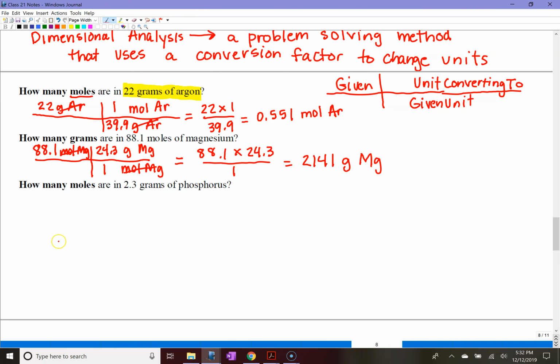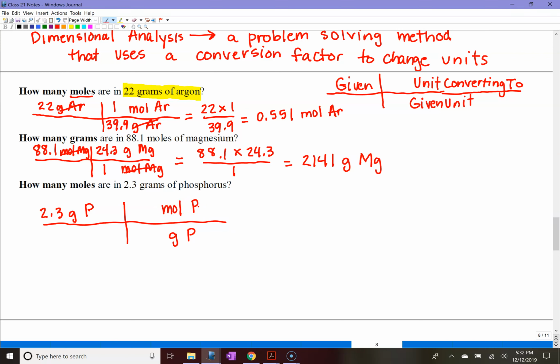The last problem asks, how many moles are in 2.3 grams of phosphorus? So once again, I'm going to make my T-chart. I'm going to put my number and my given unit in the top left box of the T-chart. So that would be 2.3 grams of phosphorus. I'm going to cross grams of phosphorus over, and I'm looking for moles of phosphorus.